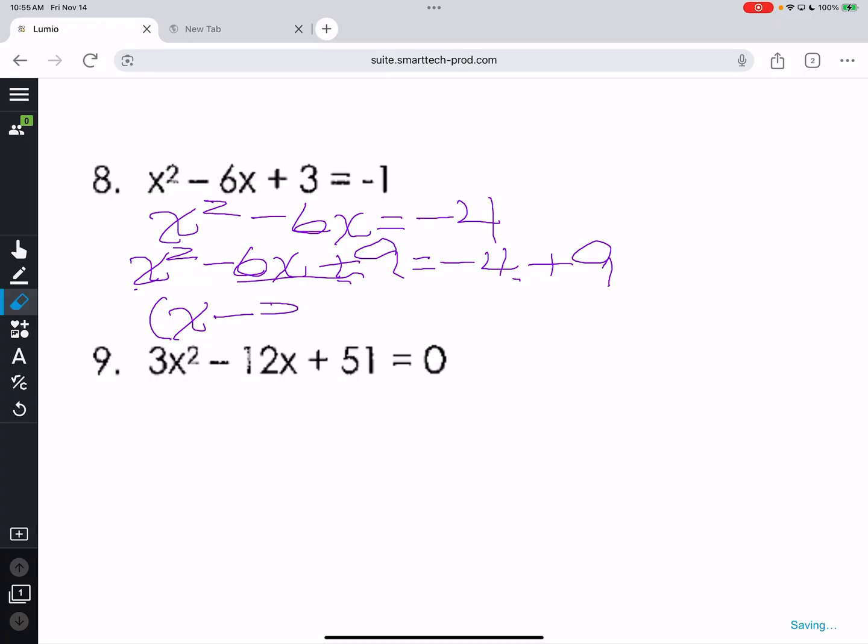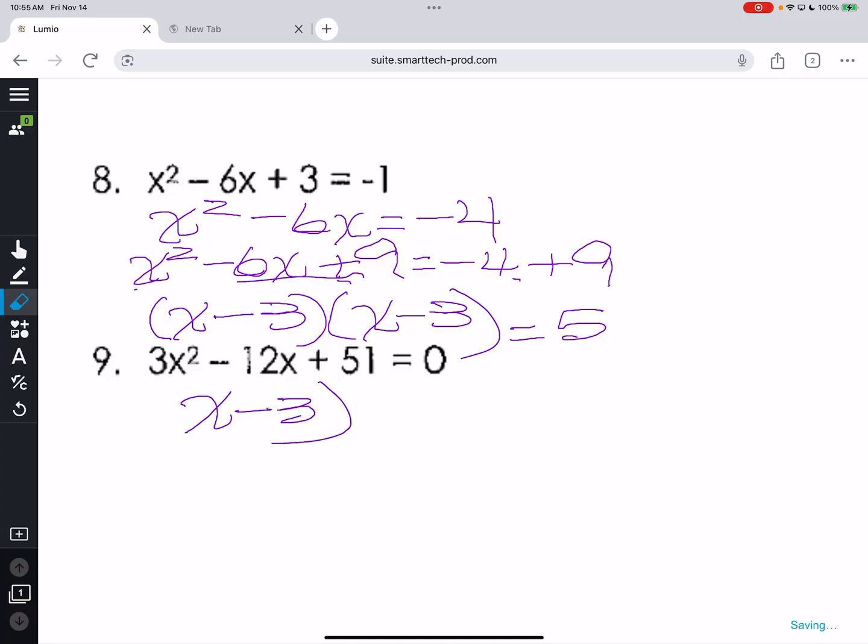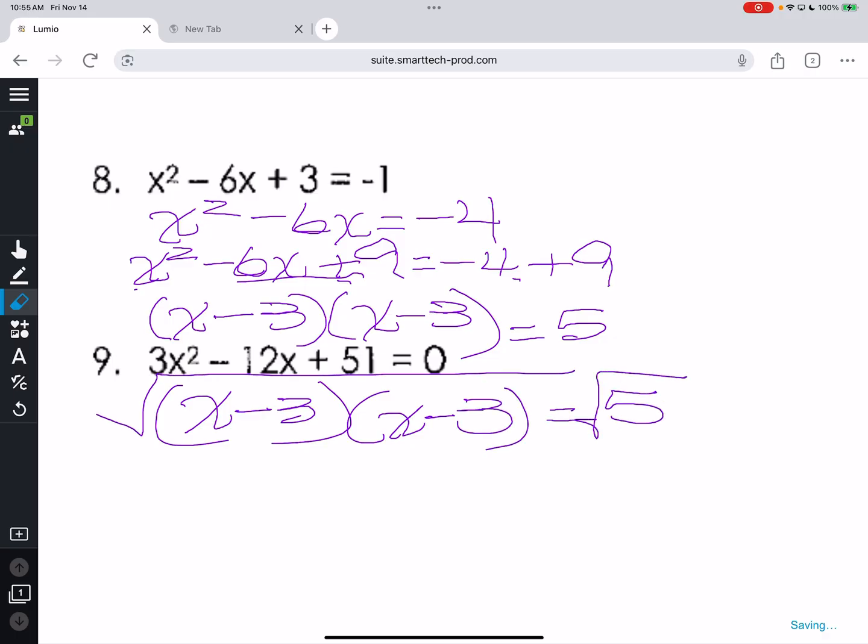X minus 3, x minus 3. I just write it as x minus 3 squared, but you can do it that way if it works visually. And then that equals 5. Okay? Then we're going to take the square root of these, which means one of our x minus 3 duplicates drops out.